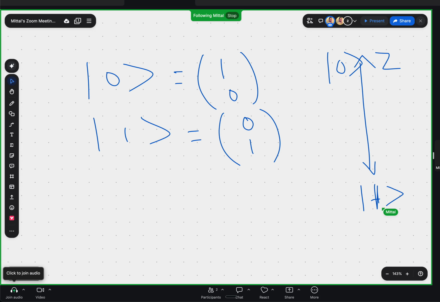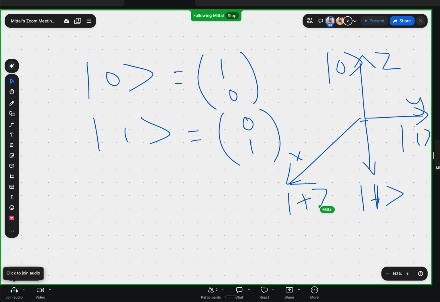Now, what are we going to do with the x and y axes here? We are going to create a complex plane, and let's say this is the x-axis and this is the y-axis. On the y-axis, we'll put an imaginary, and on the x-axis, we'll put a real, but since we're already using this 1 and 0 notation, we will represent it with a plus sign.